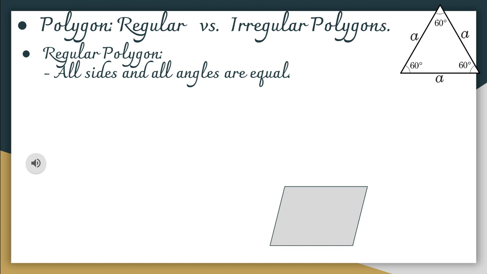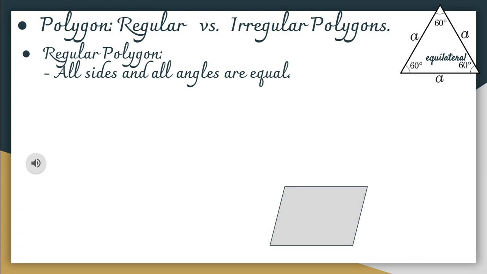But there is one type of triangle which always has all three sides equal and all angles equal. That is our equilateral triangle. An equilateral triangle has all its angles and all sides equal, so it is an example of a regular polygon.